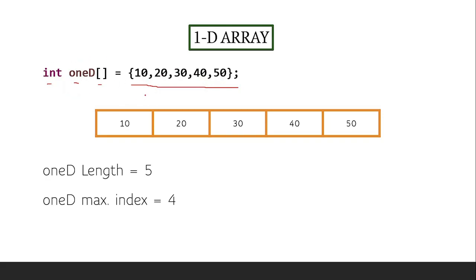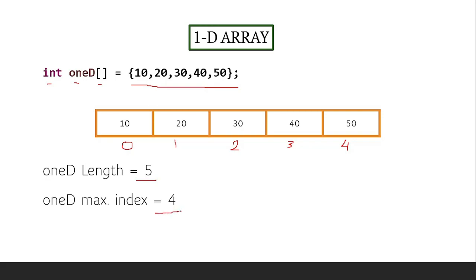So, as you can see, kapag visualize natin to inside the data table, meron tayo ditong 10, 20, 30, 40, and 50. So, the length of this 1D array is 1, 2, 3, 4, 5 dahil meron tayong 5 elements. And then the maximum index naman, as we all know, starting from 0, 0, 1, 2, 3, and 4. That's why our 1D max index is 4.